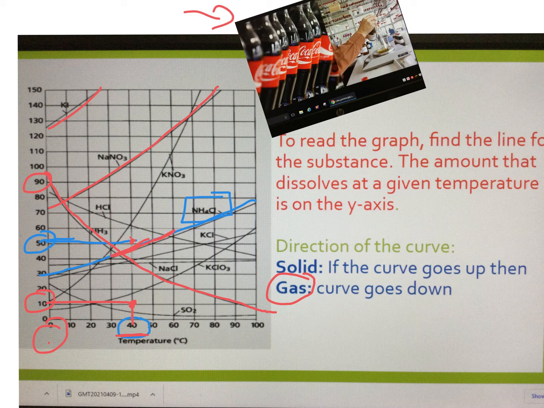So that line is going down, unlike the solids that are going up. Okay? With a solid, the higher the temperature, the more you dissolve. With a gas, the lower the temperature, the more you can dissolve. Okay, and so it's opposite. Solids and gases are going to be reversed.